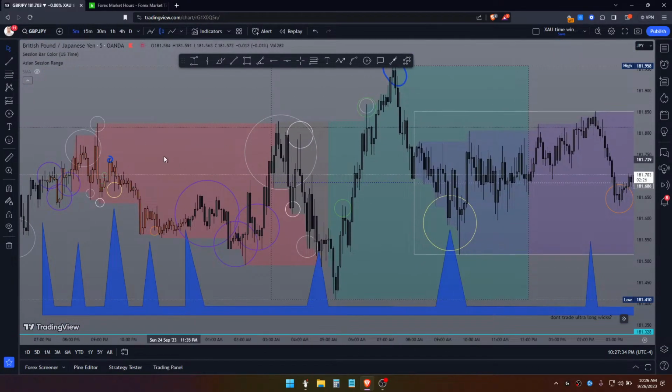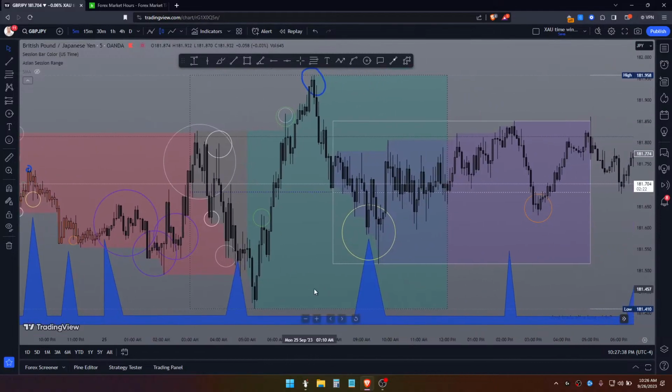Yeah, so the box in red, that's the Asian hours. Box in green, that's London hours. This is the overlap, Tokyo, London overlap. And then the purple box, that's New York, and then this is the overlap for New York and London.